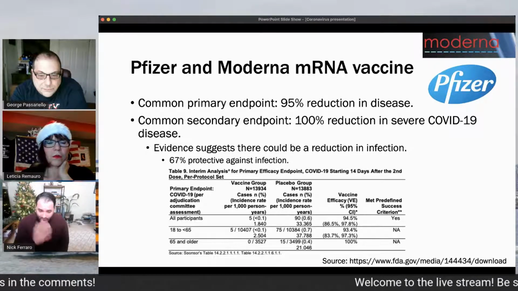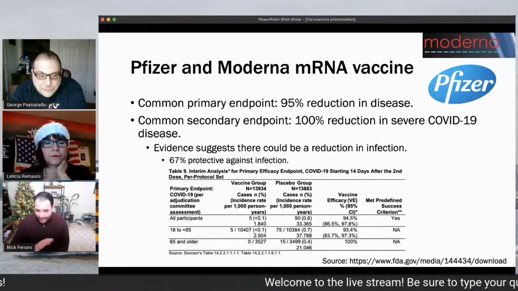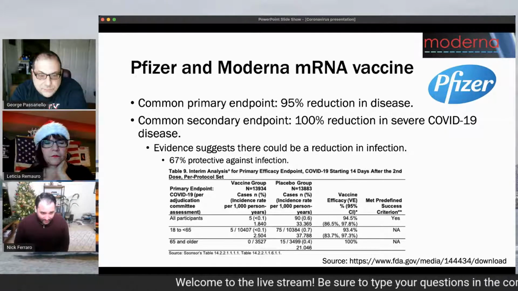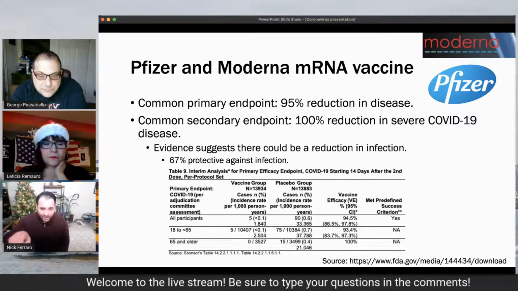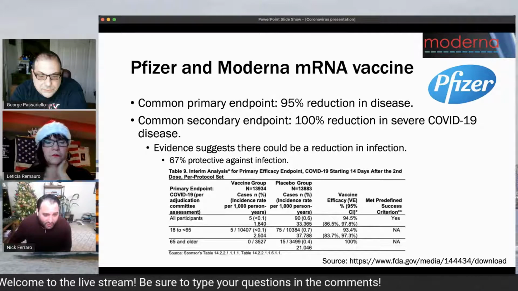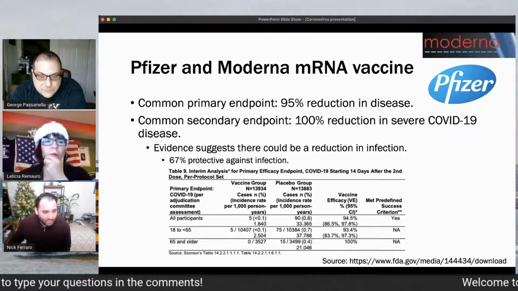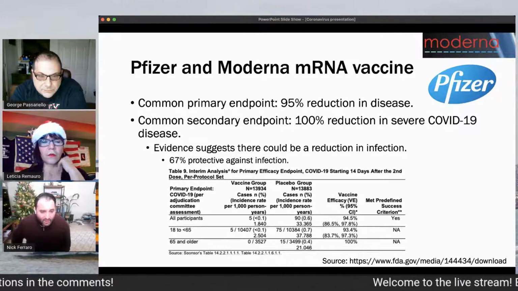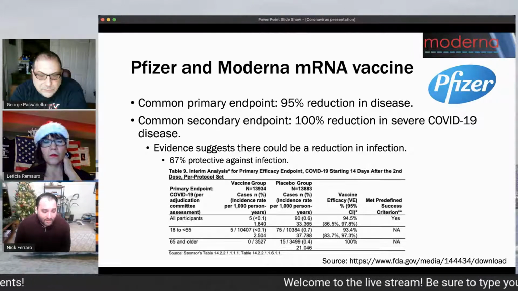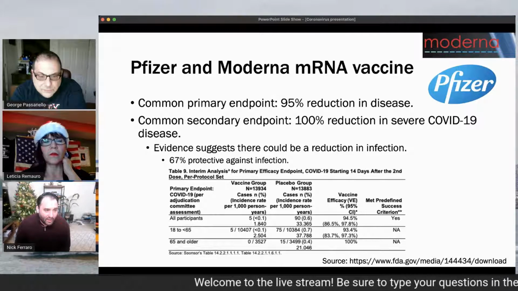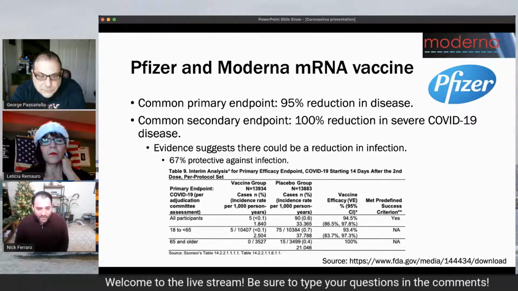This is why the masks, they're not going away. It's not going to happen. This little chart here shows you 94.5% efficacy and 100% efficacy, and that was taken right from the documents provided by the FDA.